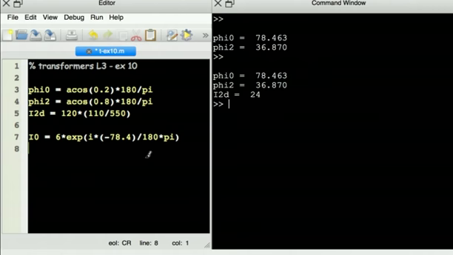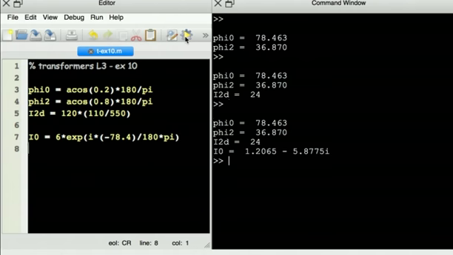I am just calculating I naught as a complex quantity. Similarly, I can calculate I2 dash.